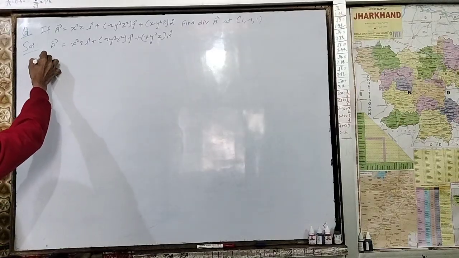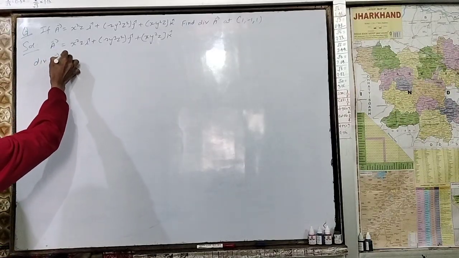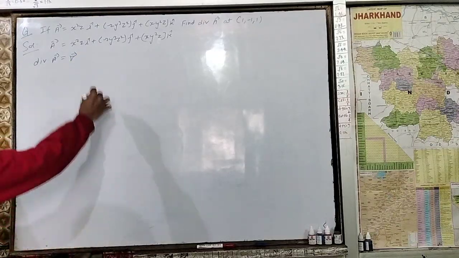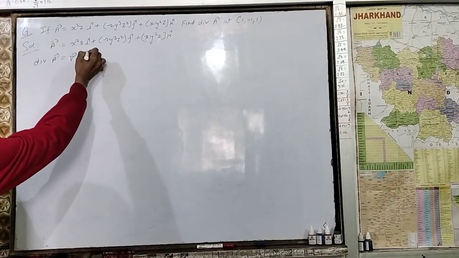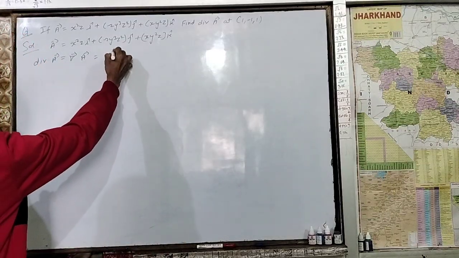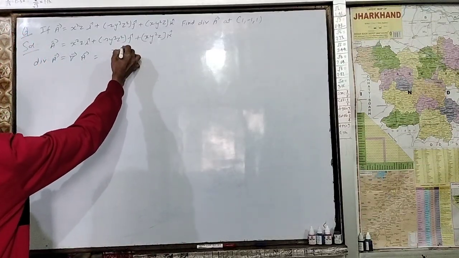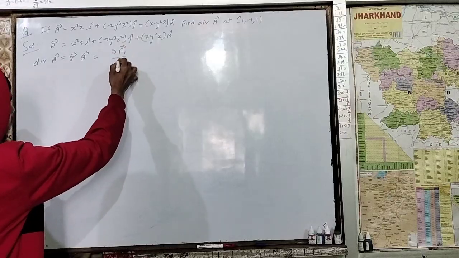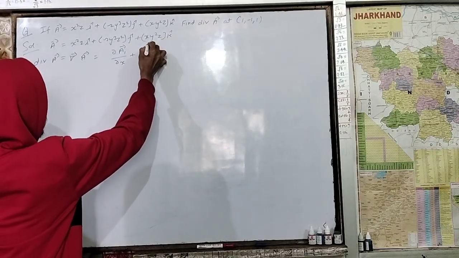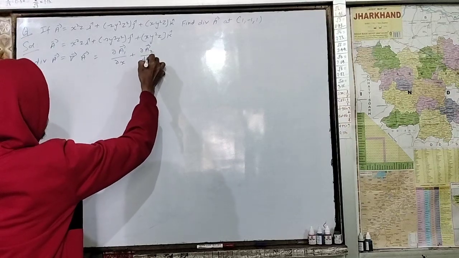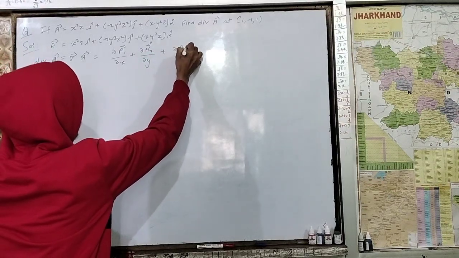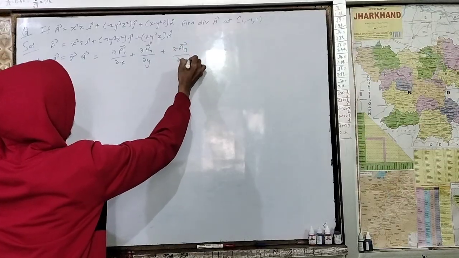So divergence of vector A is equal to del operator dot A. This is what we know. So divergence of A vector is equal to d a1 upon dx plus d a2 upon dy plus d a3 upon dz.